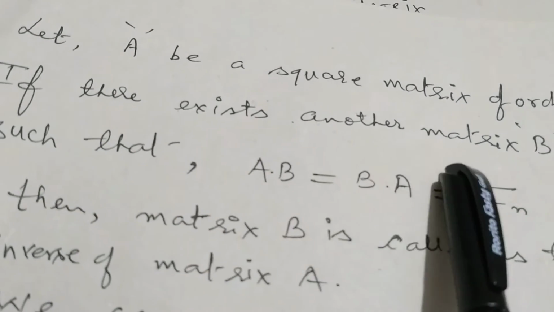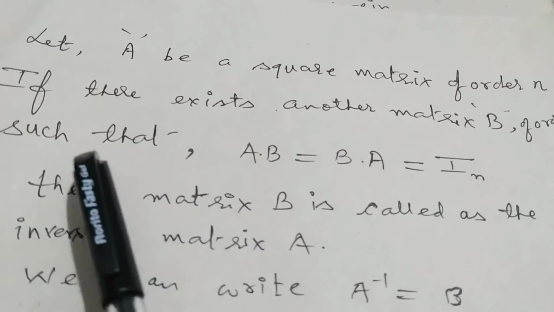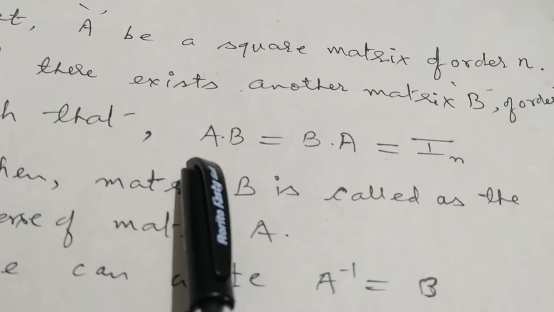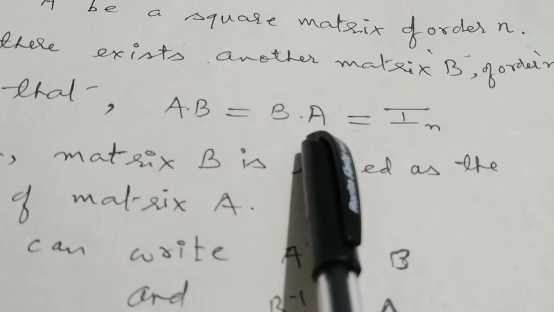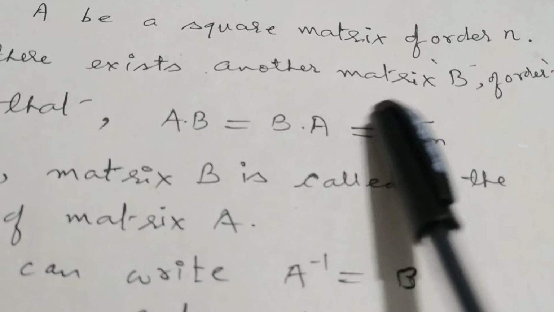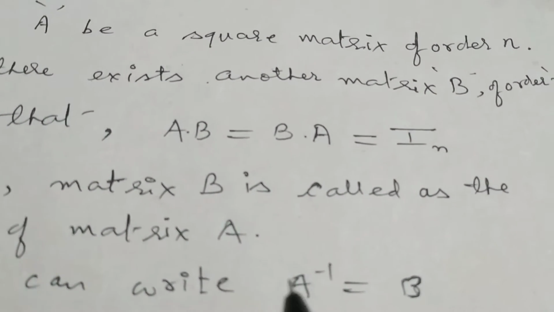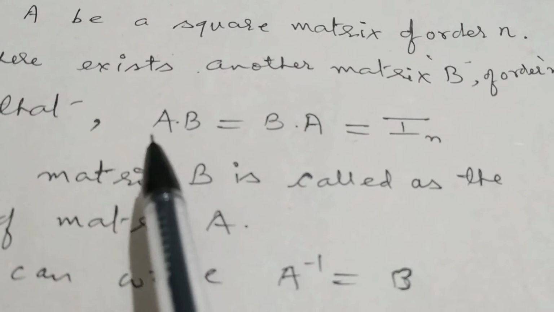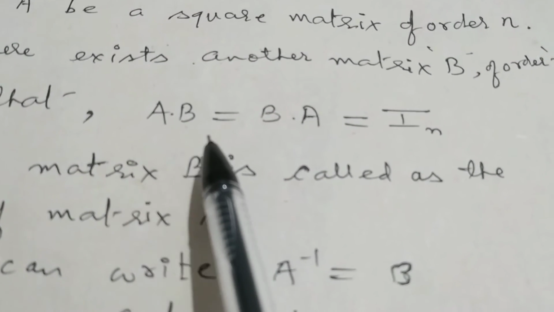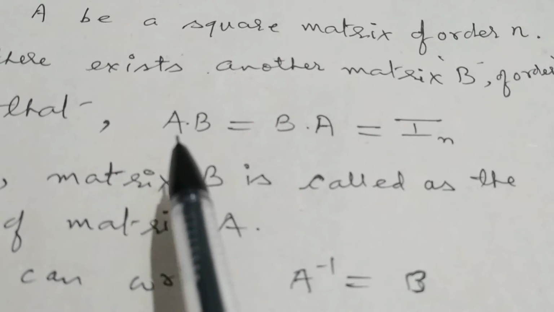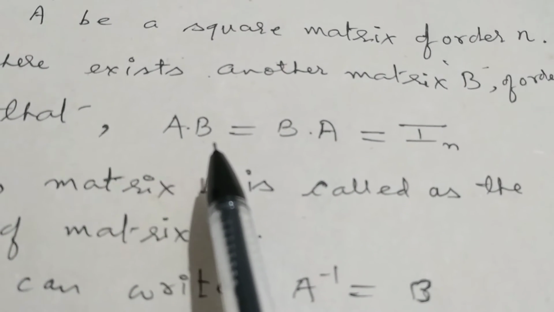If there exists another matrix B of the same order, such that A and B both satisfy the equation A dot B equals B dot A equals I_n, which is nothing but the identity matrix of the same order n, then we can say that A and B are both invertible matrices, or that A is an invertible matrix with B as its inverse.